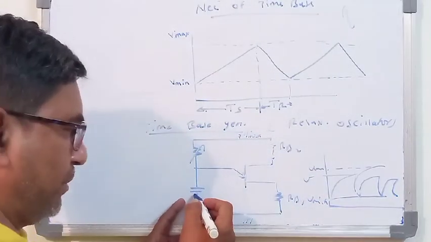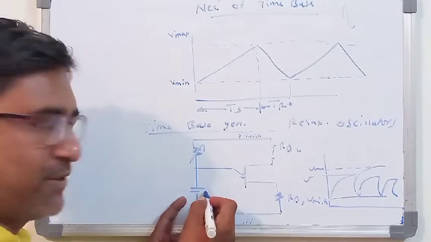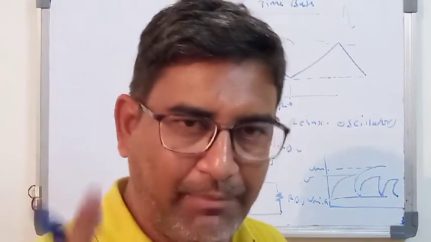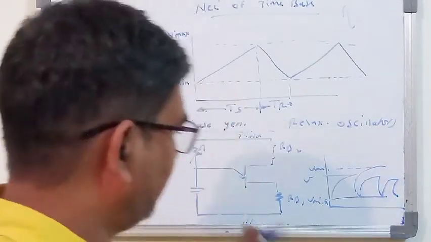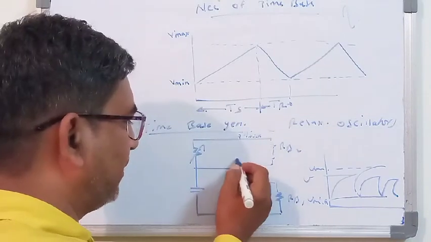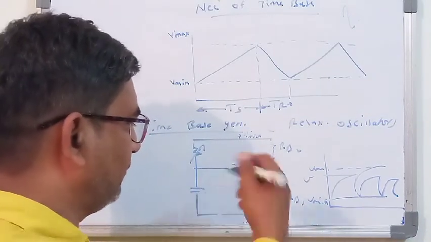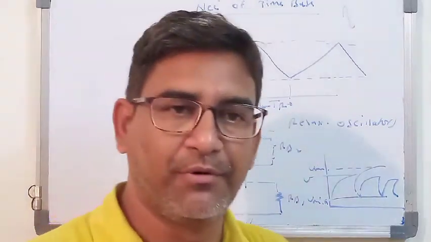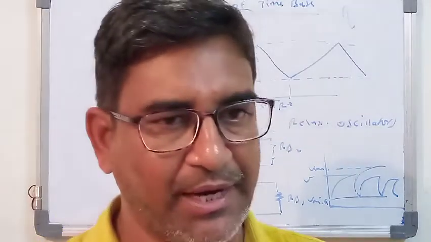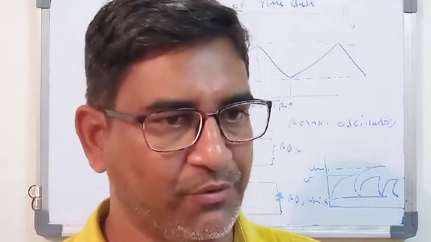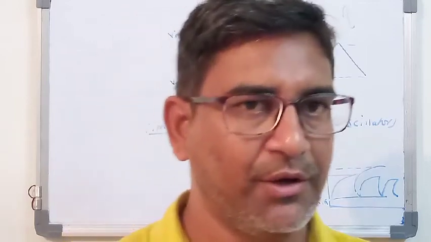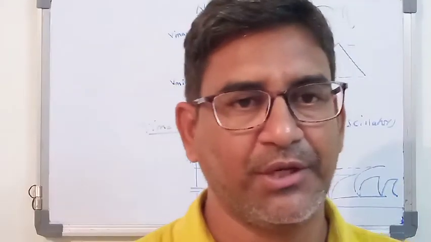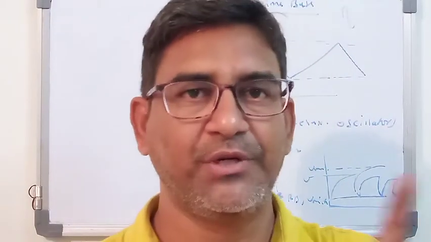The emitter voltage, indicated with E, increases, and when it reaches the supply voltage, that is V set, or the base to base voltage reaches the peak value, the junction is forward biased and the UJT gets turned on.